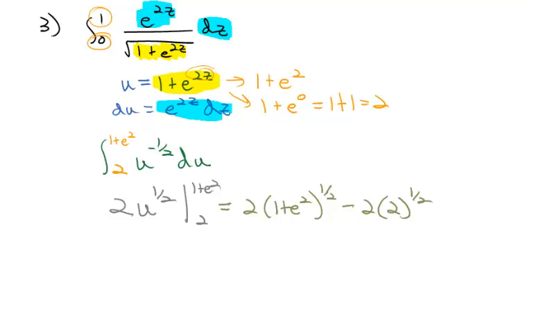And there's not really much simplifying we can do to this. Maybe write it with square roots to make it look a little prettier. 2 times the square root of 1 plus e squared minus 2 times the square root of 2.